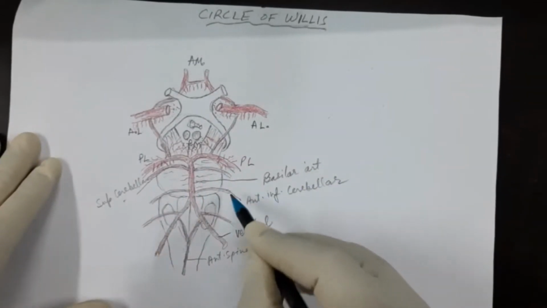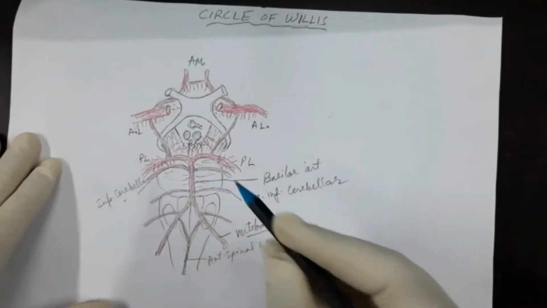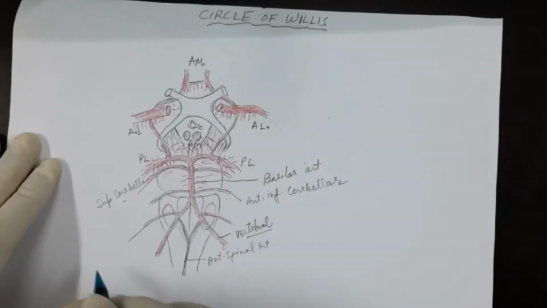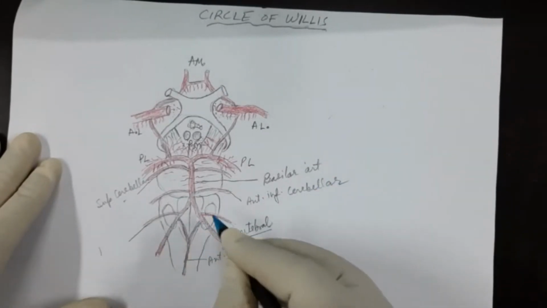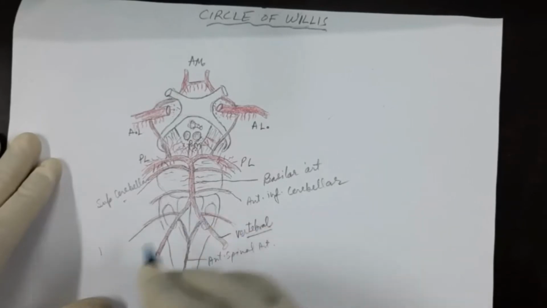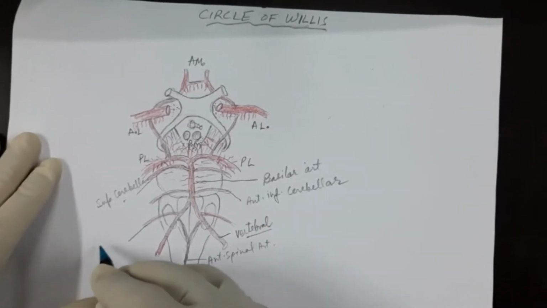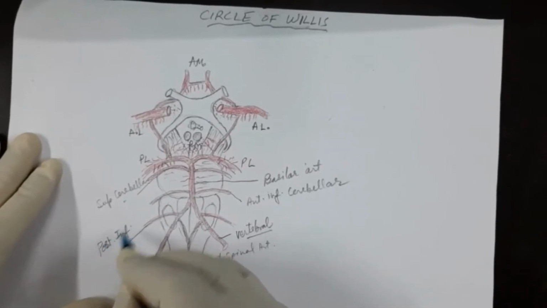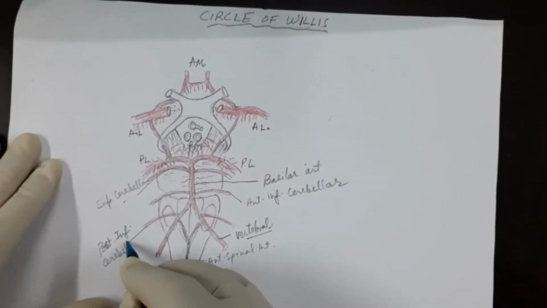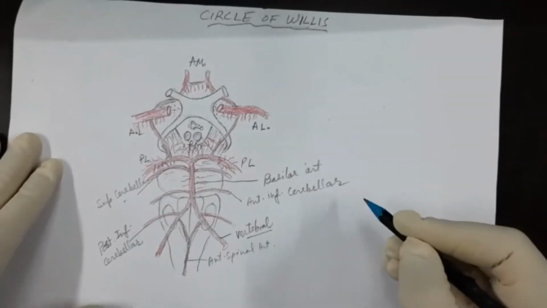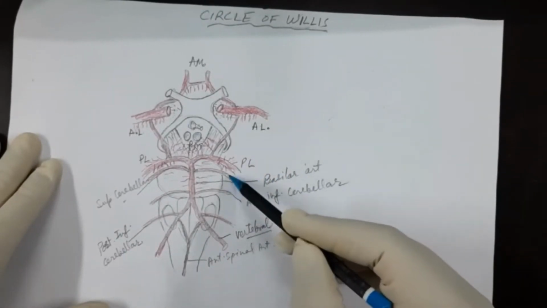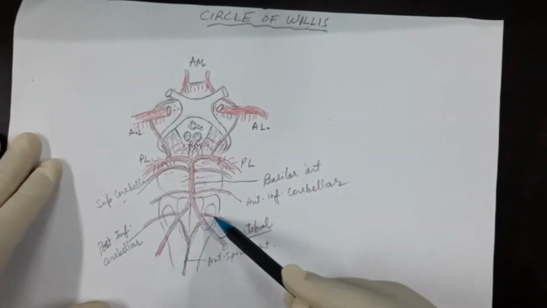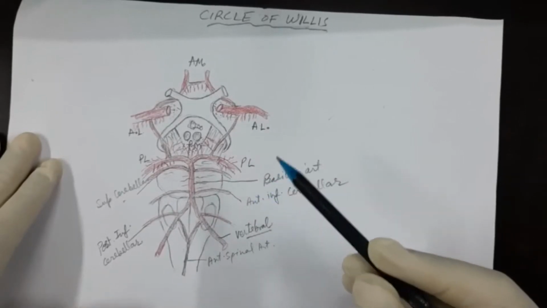This is the anterior inferior and this is the superior cerebellar. But then there is a third artery which goes to the cerebellum, and this is given by the vertebral artery itself. That is called the posterior inferior cerebellar artery. So these three arteries are the main supply to the cerebellum: superior cerebellar, anterior inferior and posterior inferior cerebellar artery.